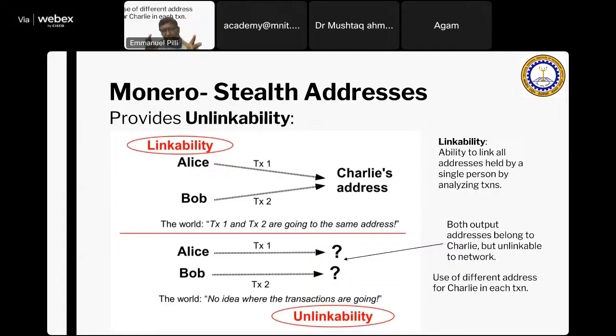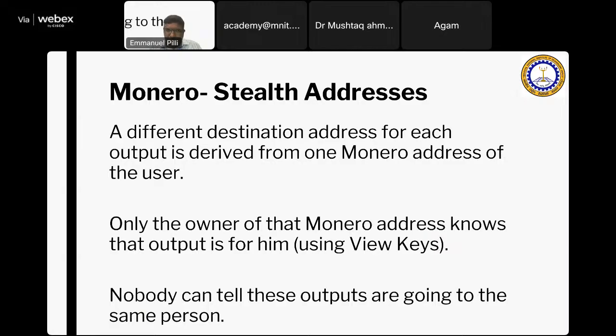so the unlinkability is maintained. So the address on the blockchain is going to be different from the actual address. Two different addresses point to the same Charlie. So that's what we mean to say here. So the unlinkability is maintained. The second thing is basically the output is derived from one Monero address of the user. Only the owner of that Monero address knows the output is for him using view keys.